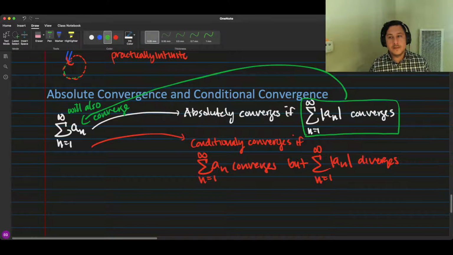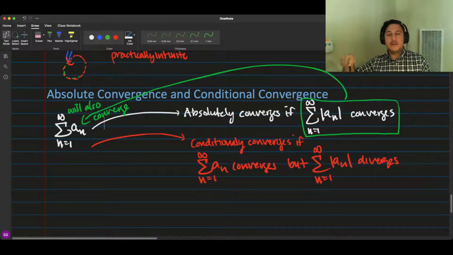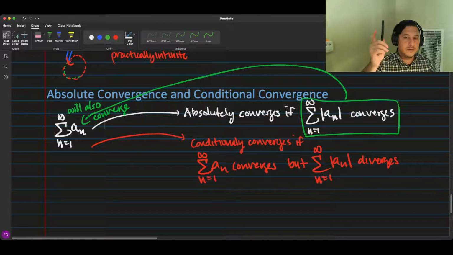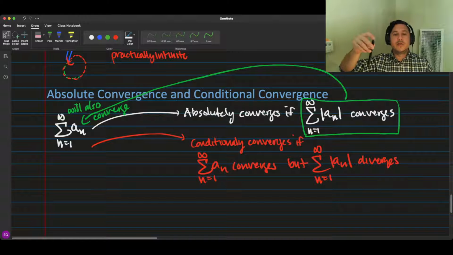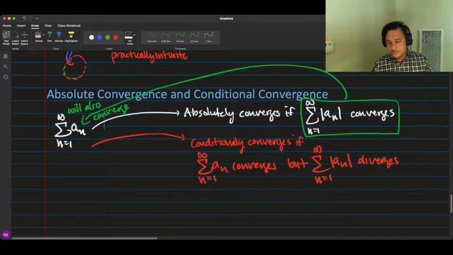So it's called absolute convergence if, when you take the absolute value of the terms, it still converges. It's called conditionally convergent if your original series converges, but when you take the absolute value of the terms, it diverges.